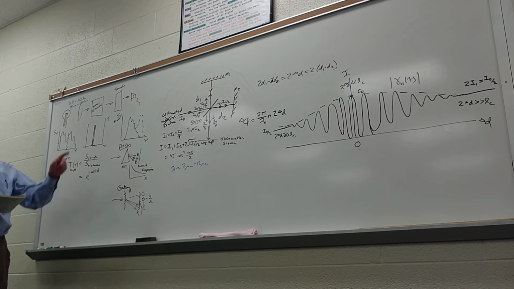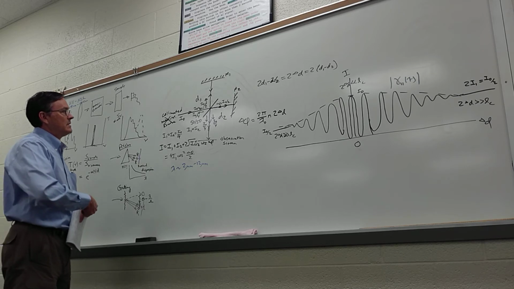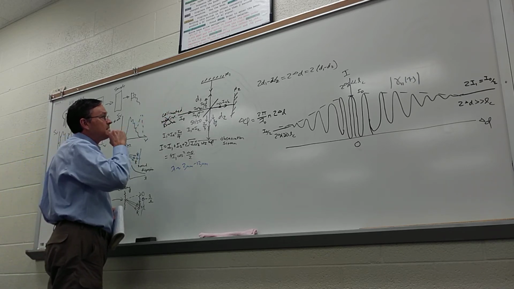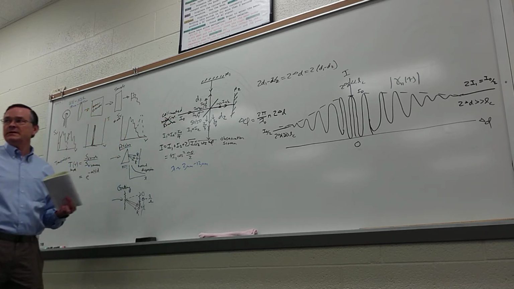So that's where the Michelson interferometer comes in. Basically, what one can do is, let's say that this is your setup, and you have some broadband source over here, namely a heater.